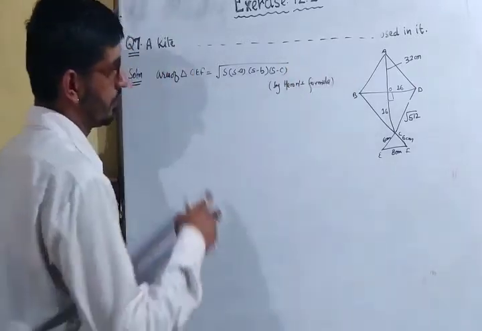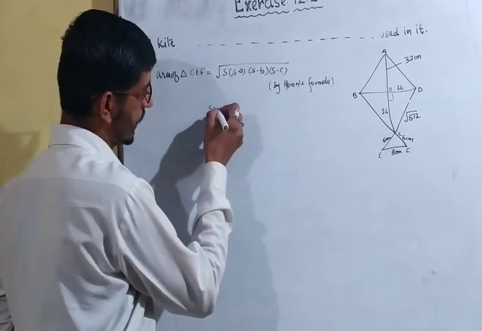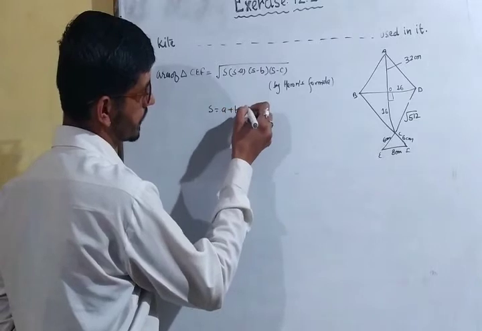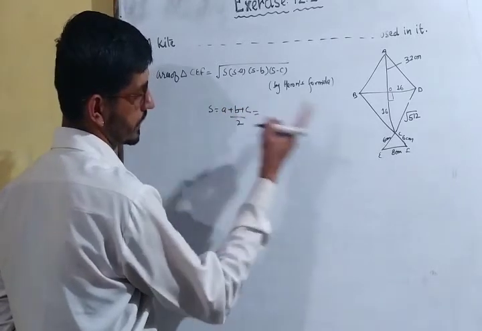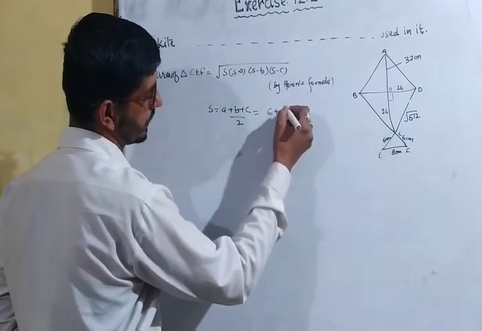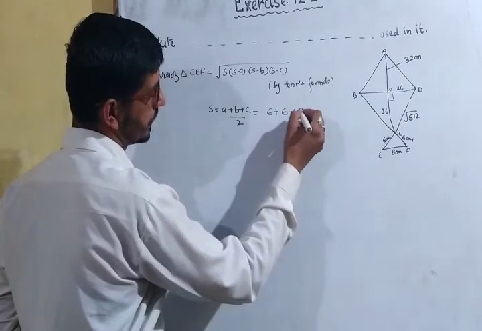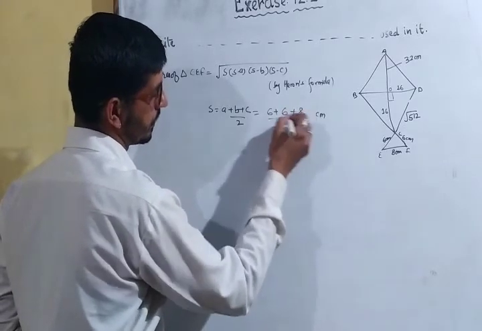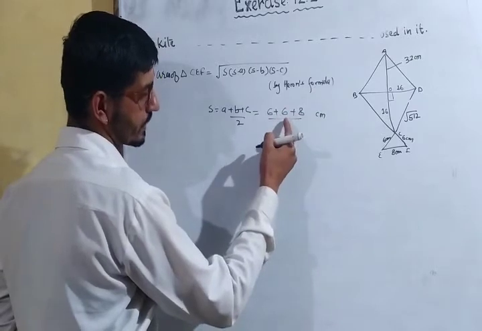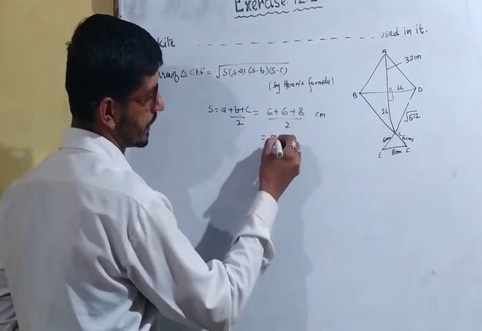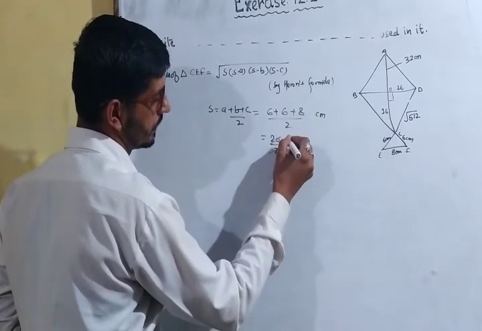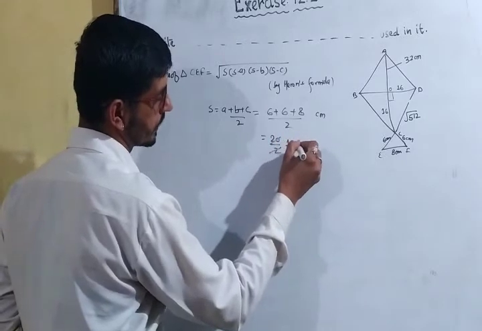Now first we will find S. S is equal to A plus B plus C upon 2. What is A? 6, let's suppose. B? 6. C? 8 centimeter, upon 2. 6, 6 is 12, 12 plus 8 is 20. 20 upon 2 is 10 centimeter.